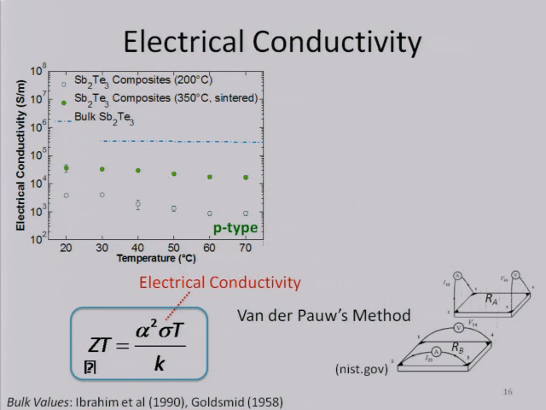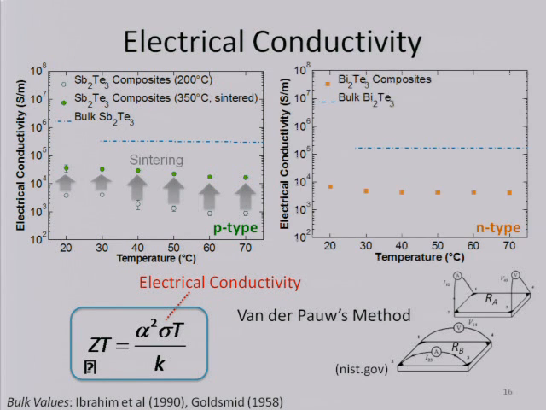So what about the electrical conductivity of these materials of ours? This is the bulk value for antimony telluride, and these are the values which we get when we've simply printed these strips of semiconducting material, and you can see at this point we're well below the bulk value. However, when we sinter, we come to within an order of magnitude of the bulk value, so that's not too bad.